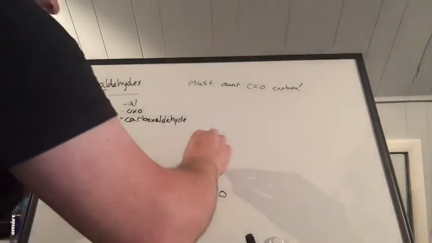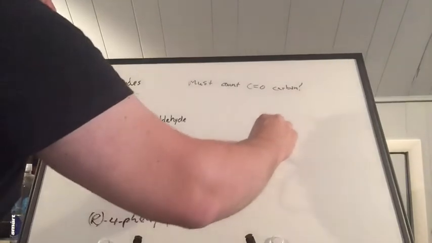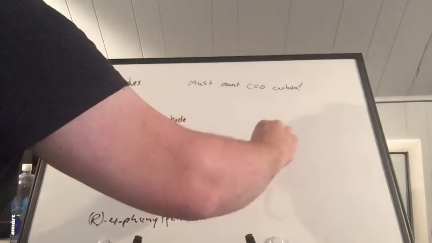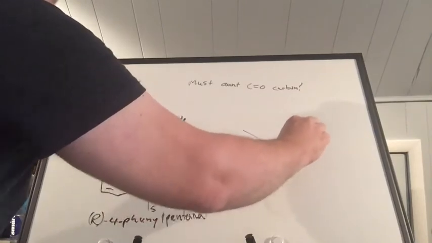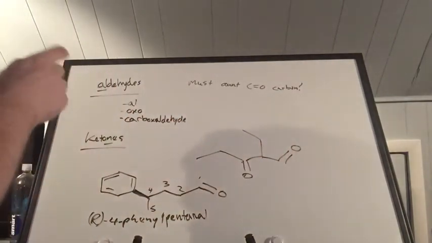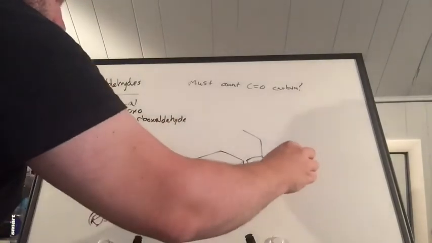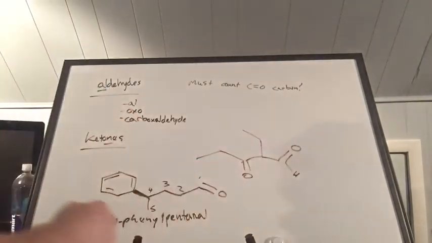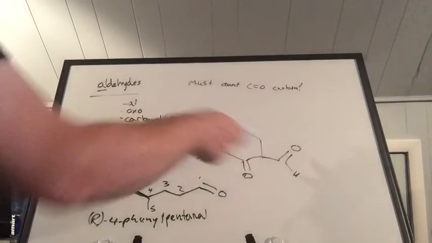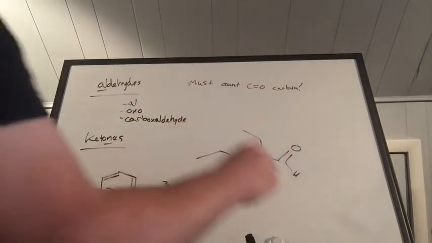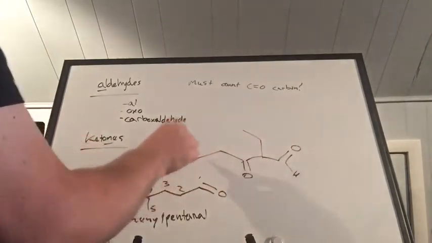All right, so let's look at this funky looking thing, and then we can move on. So there's an aldehyde as well as a carboxylic acid. Or sorry, not carboxylic acid, ketone. Okay, so AL is still going to factor in. So pentanal, 1, 2, 3, 4, 5.